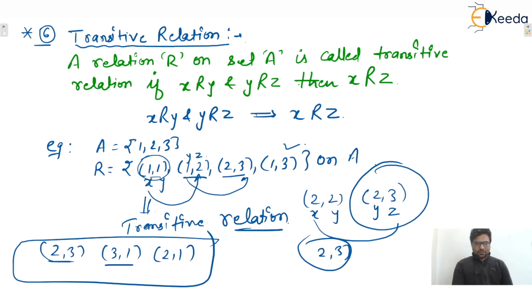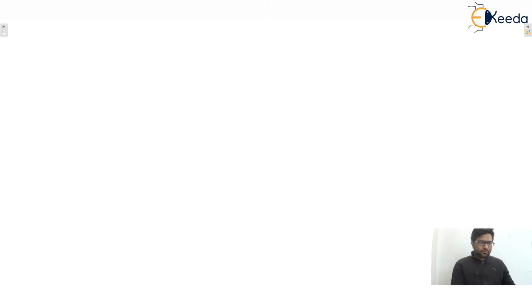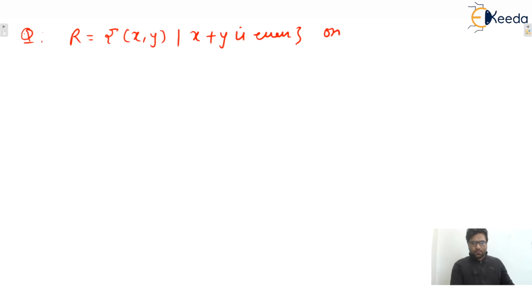Moving to the next one, let us consider one example based on the transitive relation. Let's say one relation is defined as all such ordered pairs in which the sum x plus y is even, and this relation is given on Z plus cross Z plus.